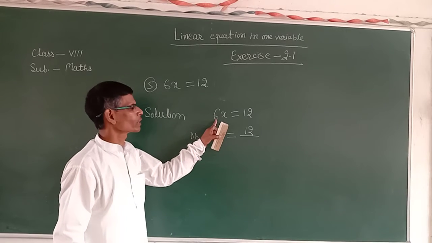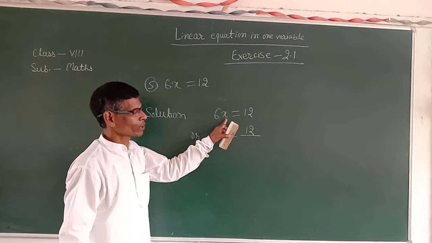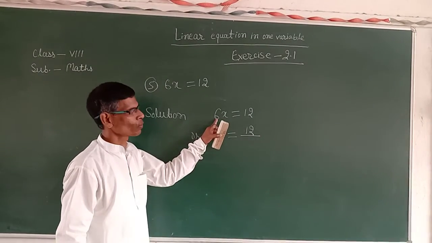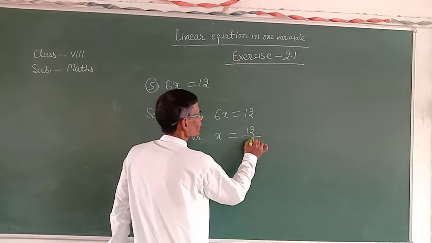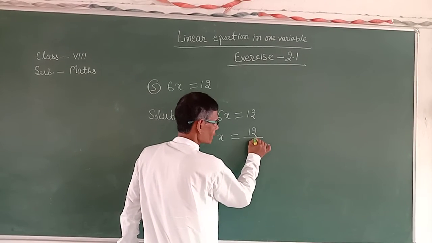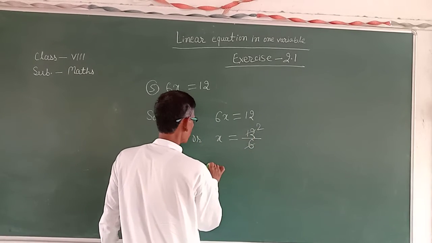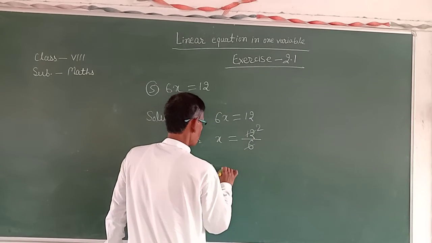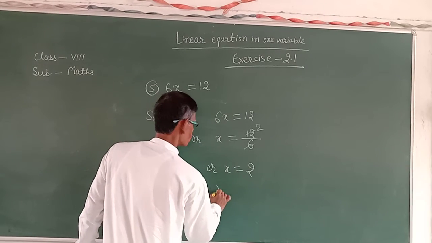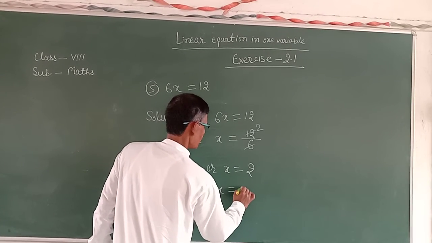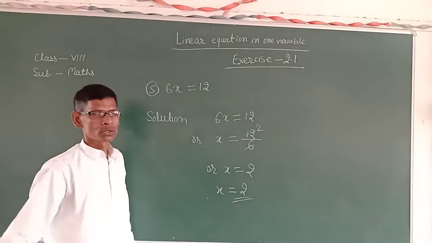Here 6 is with multiplication. So when we transpose 6 to the right hand side, then it is with division sign. Then write 12 upon 6. 6 twos are 12. x equal to 2. So solution is x equal to 2. This is the required solution.